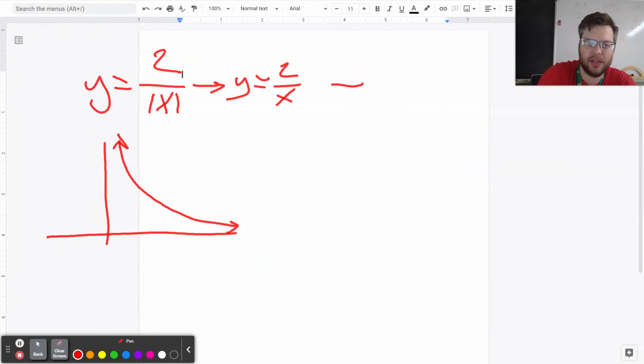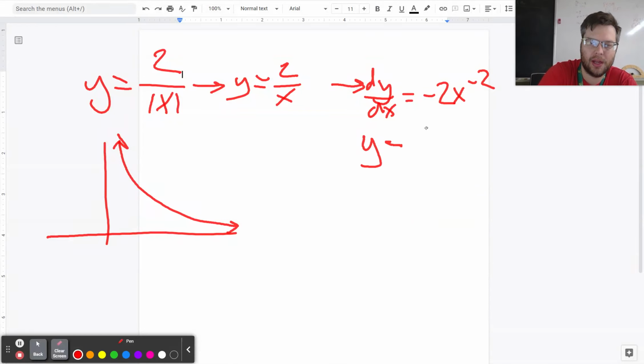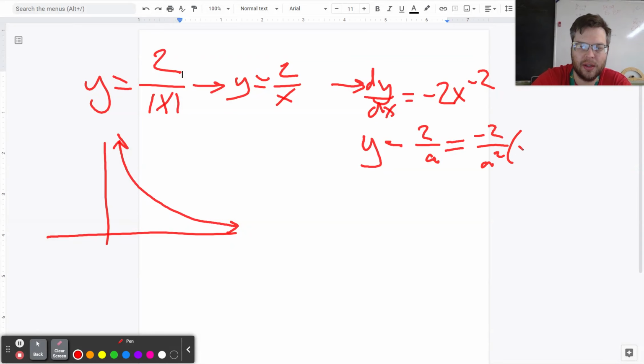And so its derivative is negative 2x to the negative 2. So its tangent line at any given point is y minus the y value, which is just 2 over a, for example, if you have a point A equals m, so negative 2 over a squared times x minus a. This is the tangent line.